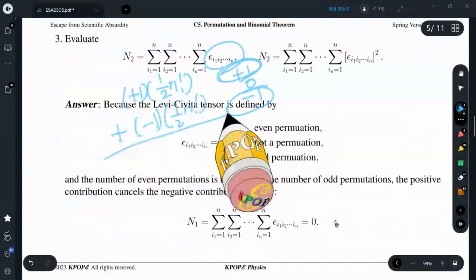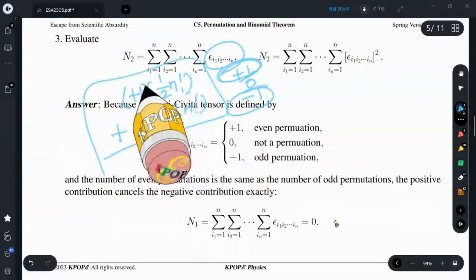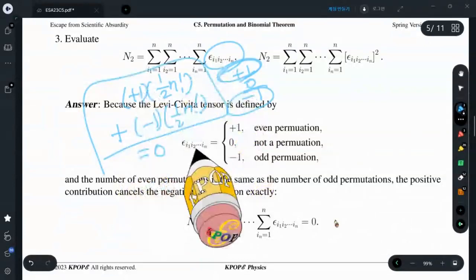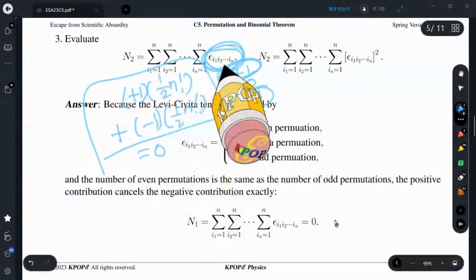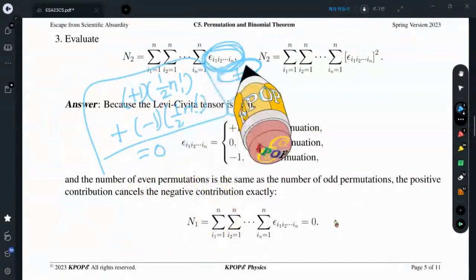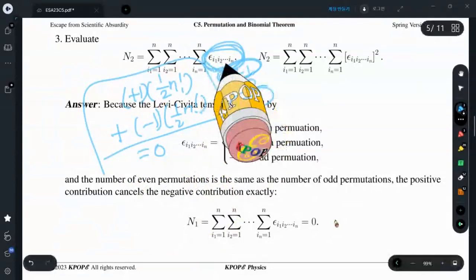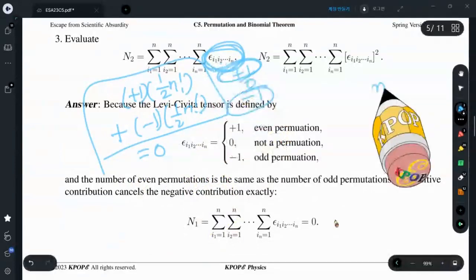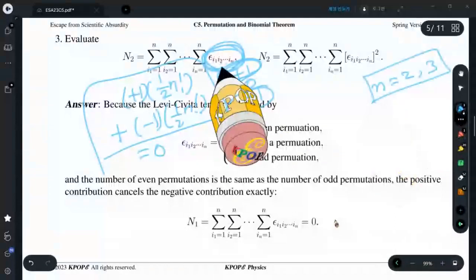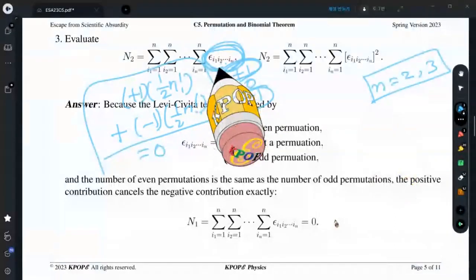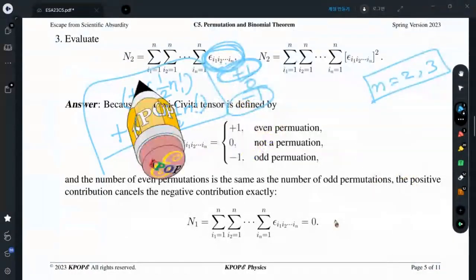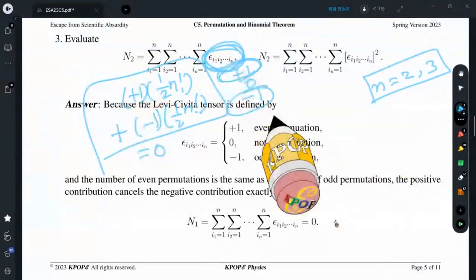We add them up. Same thing with different sign, it cancels exactly. Therefore, the Levi-Civita tensor summed over every index. Every index. This is the most general case. It is not restricted to either 2 or 3. N cases. There are n indices to be permuted. They are all summed to get 0.